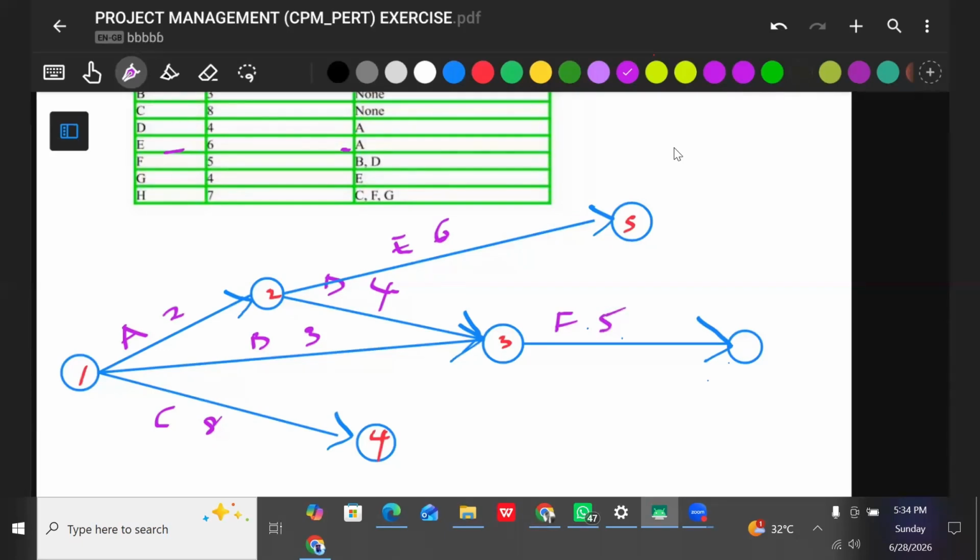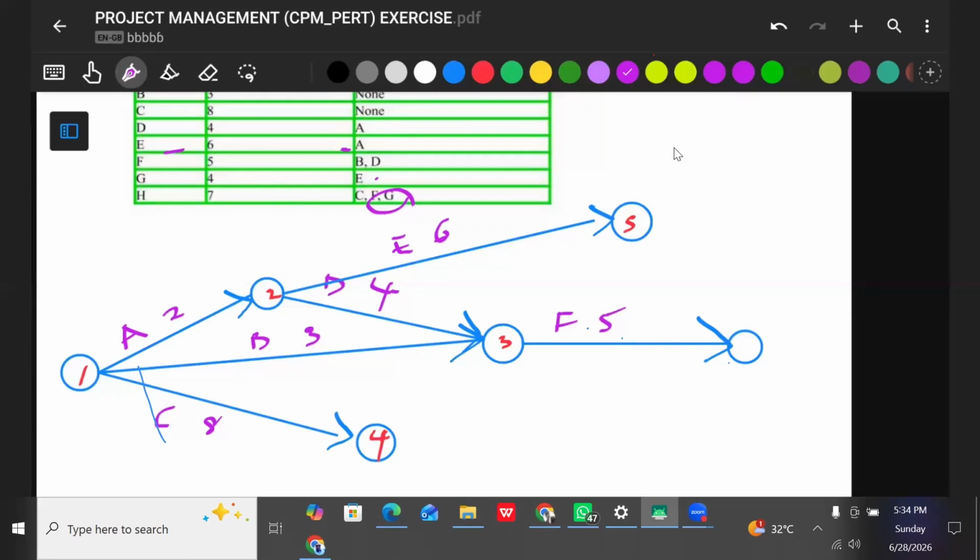So the next activity is activity G. And activity G starts from what? Activity E. But take note, when you look at activity G starting from E, you realize that there is a link between F and G. So therefore, where activity G is going to stop, it will stop with activity what?